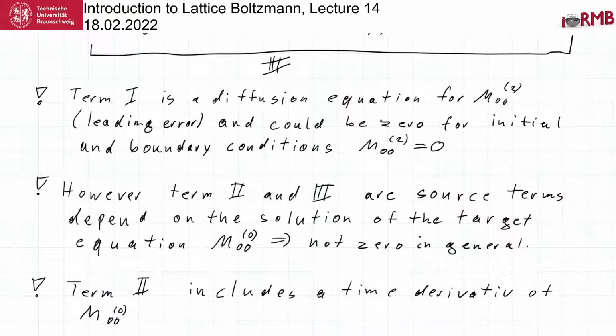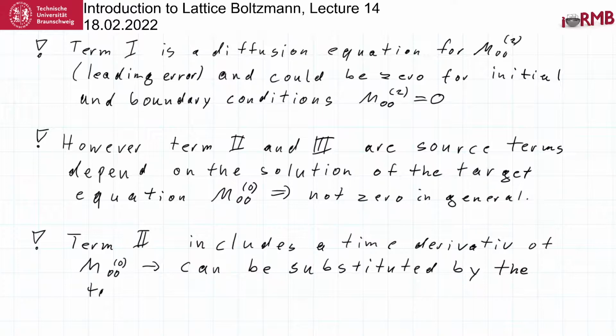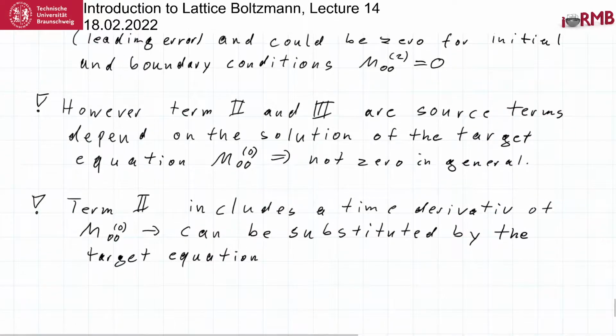So this is the solution of the target equation, and because it's the solution of the target equation, it can be substituted by the target equation. Okay, so this is a very important operation that is often used to improve such methods.